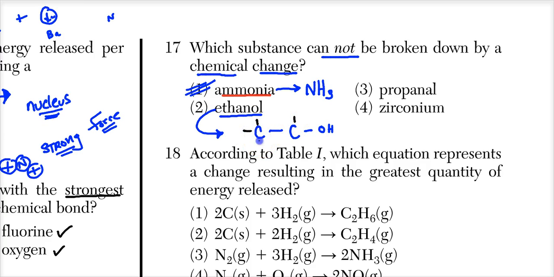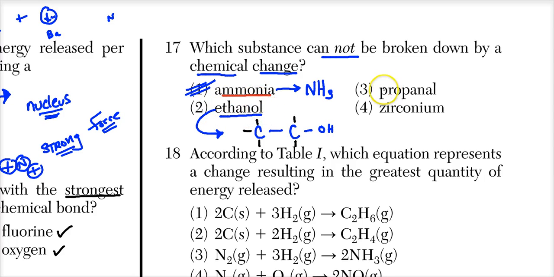There are clearly bonds here because we have more than one type of atom involved. So there are bonds to be broken here. And if you weren't sure about ethanol, you can look at Tables P, Q, and R to build up what ethanol is like I just did.